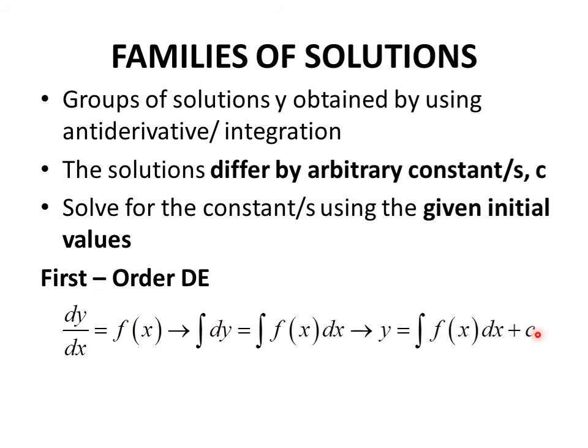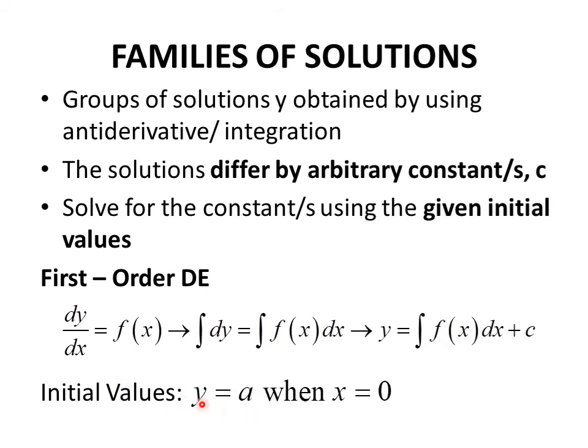Again, after integrating an expression, we have to add a constant c. Since we have only one constant for the solution to a first order differential equation, we need only one initial value. For example, let's say you are given the value of y that is equal to a when x is equal to 0.